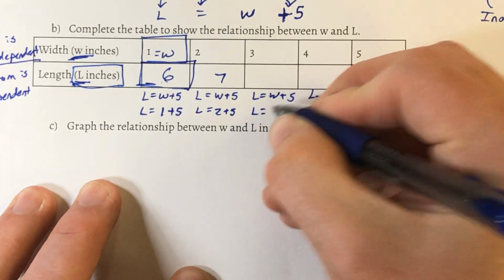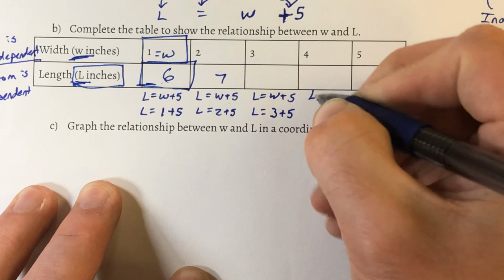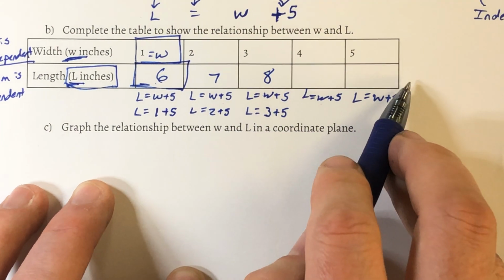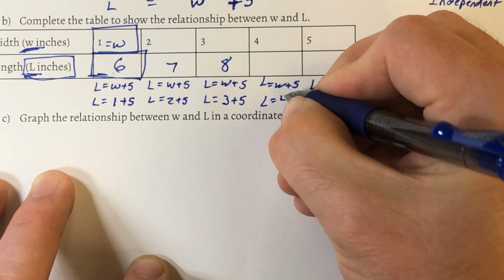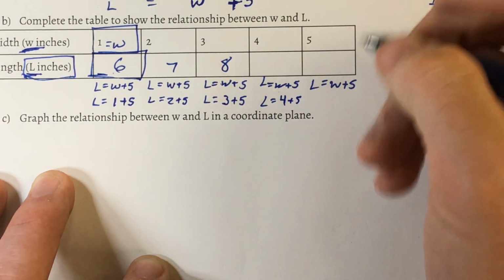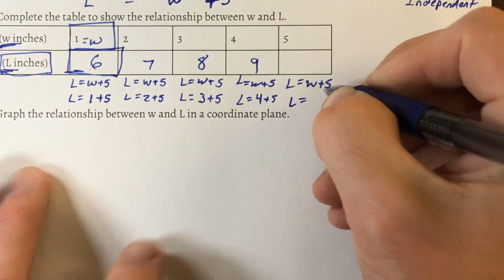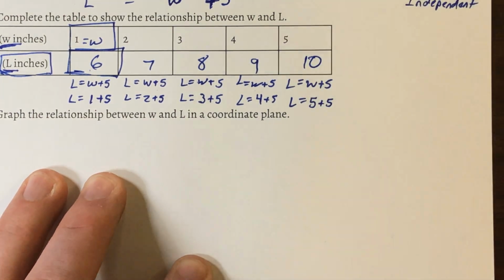Next, L equals, what is W this time? 3. So 3 plus 5 more, you're going to get 8. I know, I can write 9 and 10, right? No. Show your work. L equals, W is 4 in this situation, plus 5 more inches, you get 9 inches for the length. Last one, what's the length if the width is 5 inches? It's going to be 10.